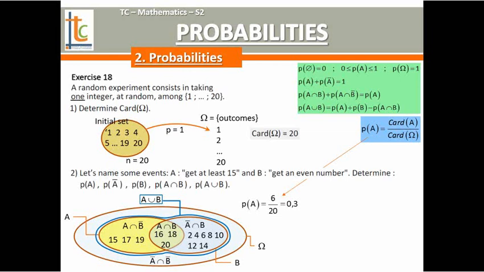So 0.3 for the probability of A. The probability of A bar: well, I've got a formula to compare both probabilities, so let's use it. 1 minus 0.3 is 0.7. Or 1 minus 6 over 20 is 14 over 20.